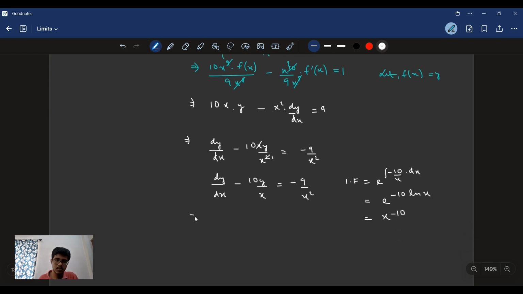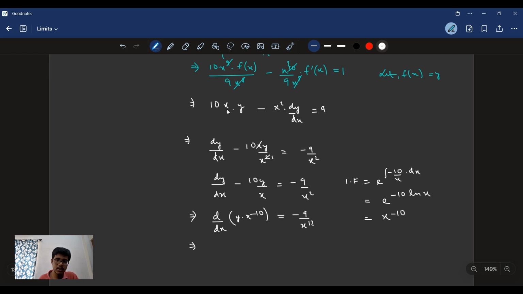Now we are going to multiply both the sides of this expression with x to the power minus 10, and on doing so we will be getting minus 9 by x to the power 12.